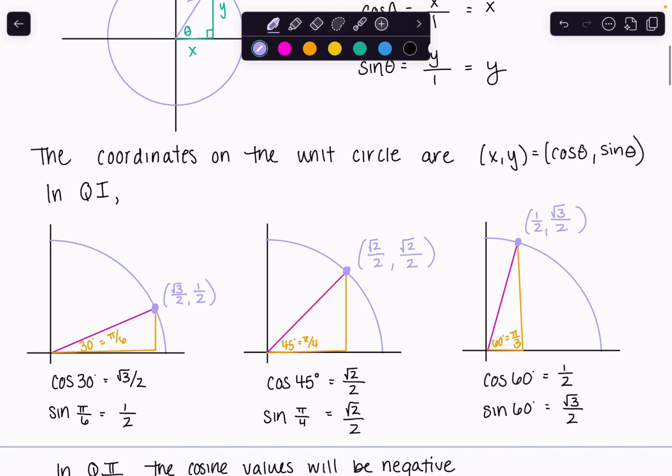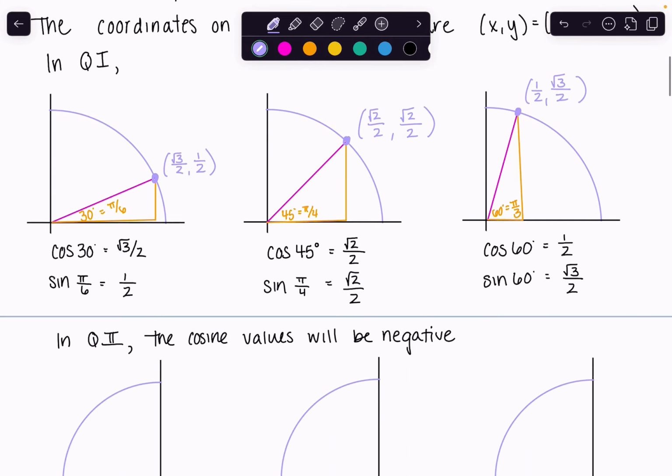Now if I want to find the angles in different quadrants, you're really just going to be reflecting stuff. Because remember, there's really nice symmetry in your unit circle. So if you go ahead and flip this to the other side, the values are not going to change, just the sign on x will. So in this case, in quadrant 2, the cosine values are going to become negative.